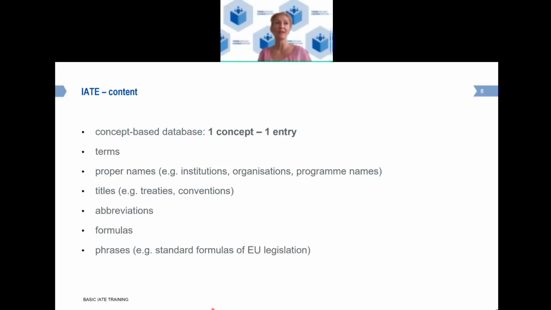Of course, in one entry, we can have synonyms, we can have abbreviations, and it will still be one concept because it will have the same definition. But we should not allow for duplicates in IATE. This is the general rule. And in IATE, you can find terms, proper names, all kinds of titles, abbreviations, formulas. This is about chemistry and different expressions.